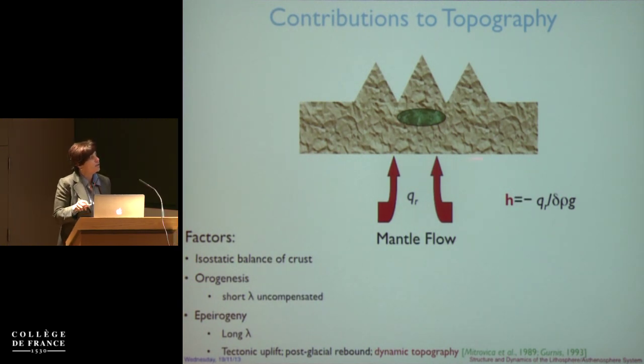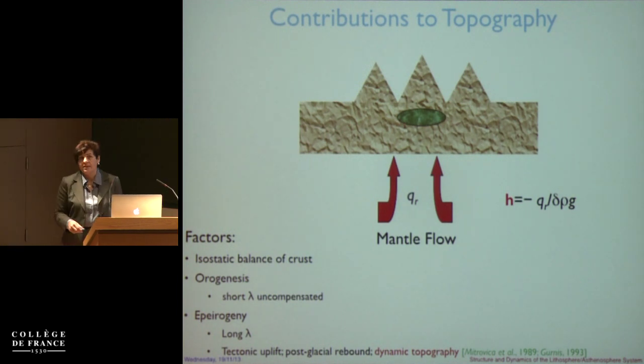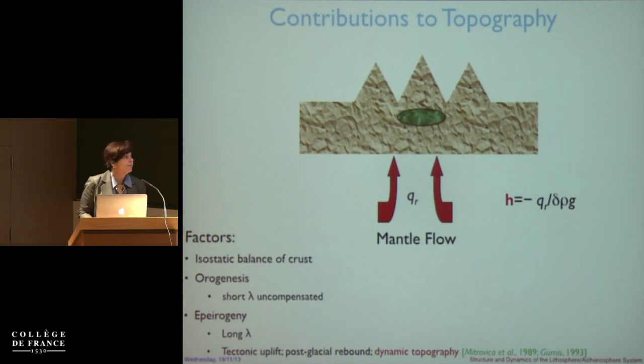The mantle flow here exerts radial stresses across a density interface that will induce a deflection, which is proportional to the magnitude of that radial stress, and inversely proportional to the density contrast at that interface, say crust and air, crust and water, and so on.